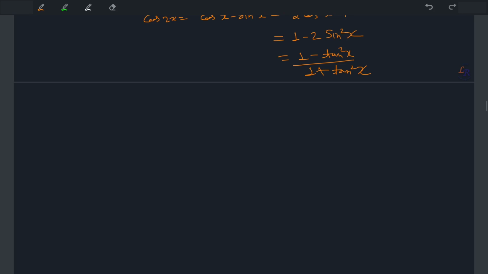Another important property about sin x is sin 2x is equal to 2 sin x cos x, or you can write it in the form of tan as 2 tan x upon 1 plus tan square x. Similarly we can have 3x, 4x and so on.